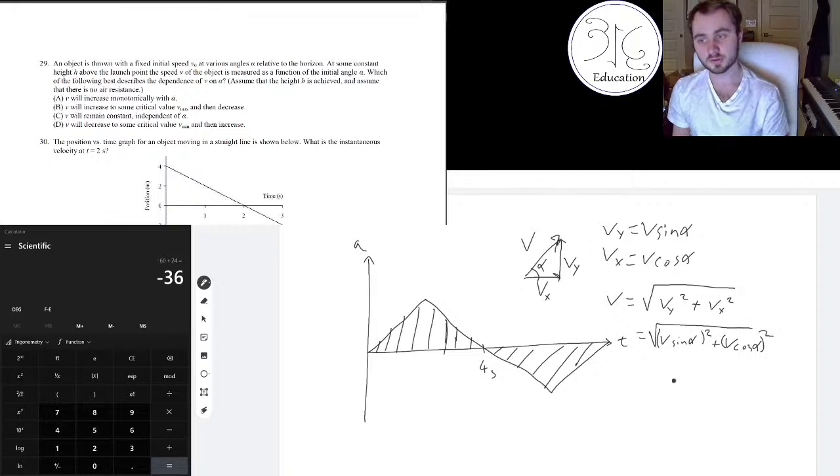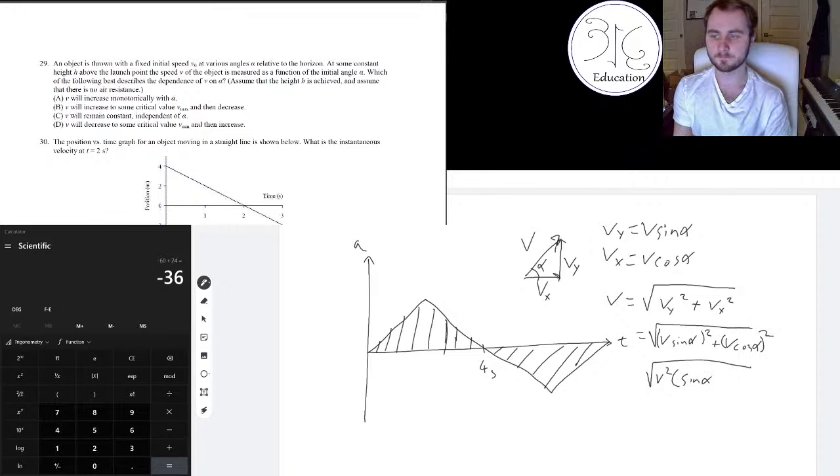And so we can pull a v squared out from this and say this is the square root of v squared times sine squared of alpha plus cosine squared of alpha. And this is a trig identity: sine squared plus cosine squared equals 1.